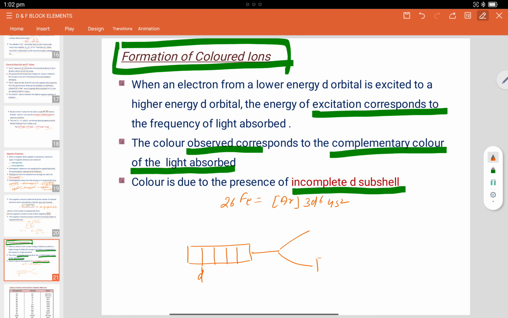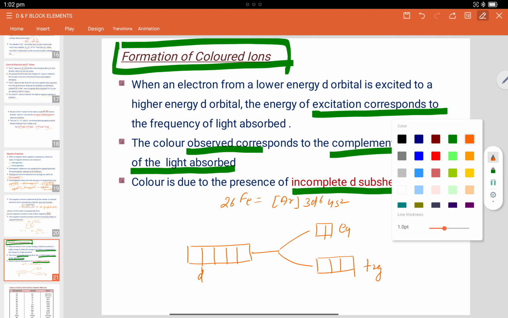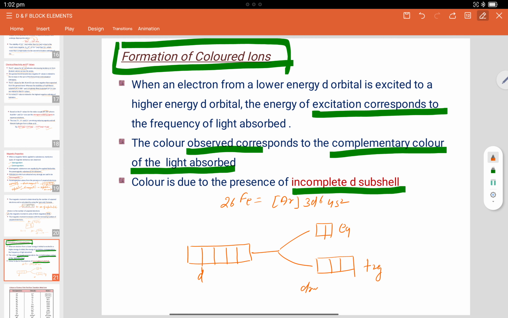Here is the lower energy level, here the higher energy level, called Eg and T2g. What are the orbitals here? dxy, dyz, dzx, and dx square minus y square, and dz square.